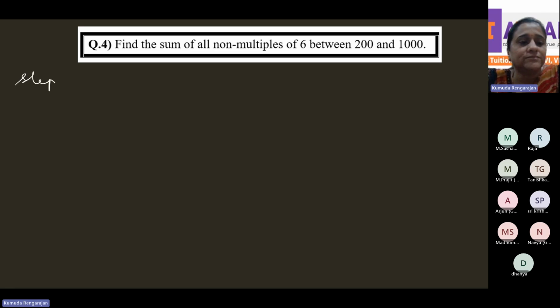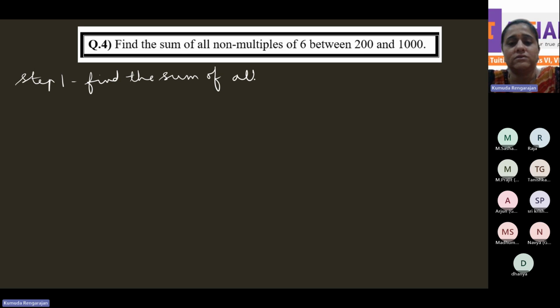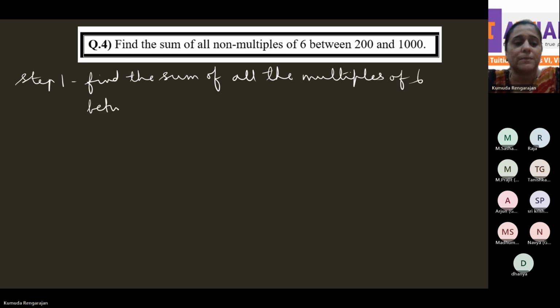So step one, find the sum of all the multiples of 6 between 200 and 1000.